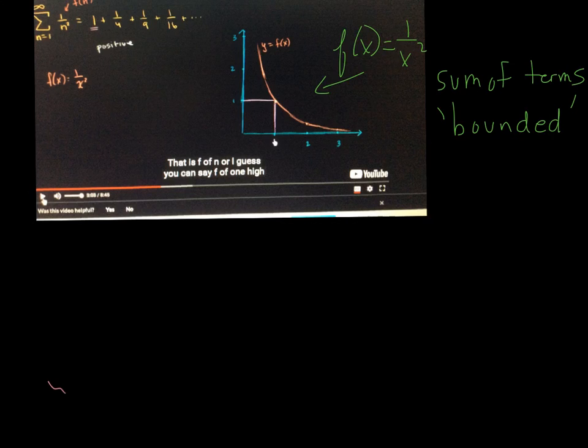So we can never arrive at a final answer. It's always going to be plus that little bit more, plus that little bit more. So when we're asking for the sum of the bounded terms, what we're really saying is what's the limit of the sum of the terms.